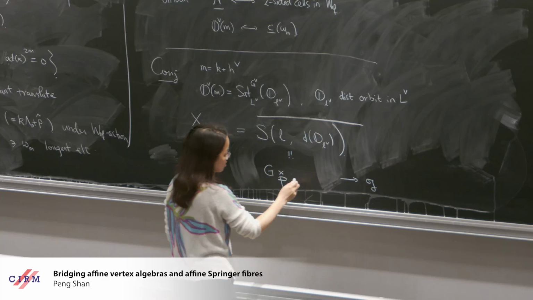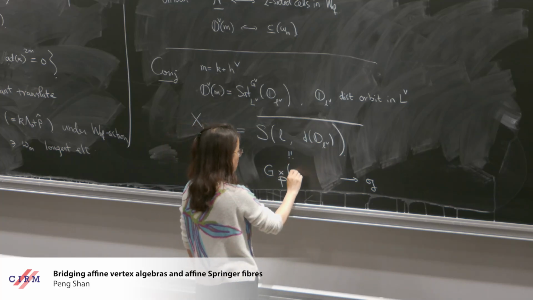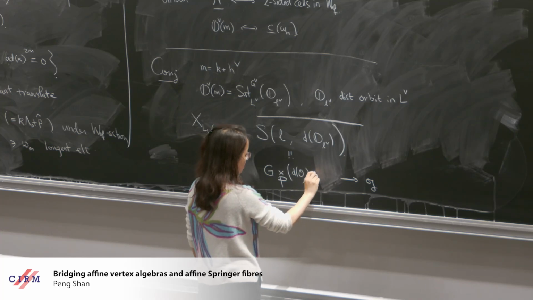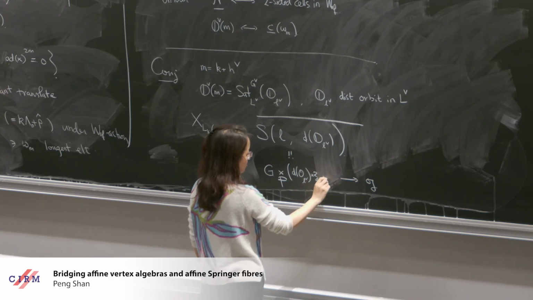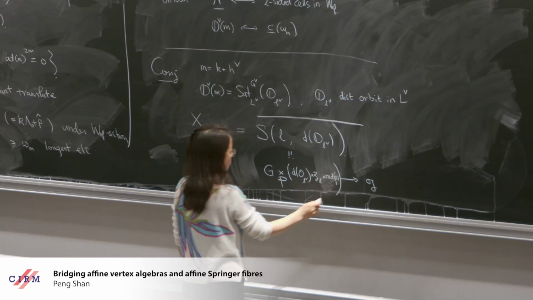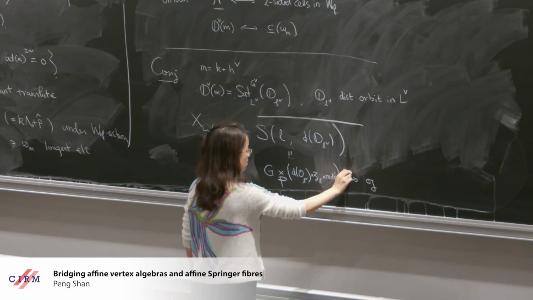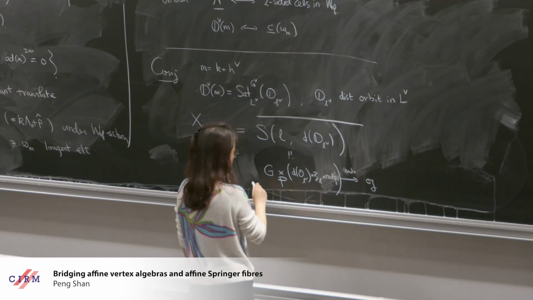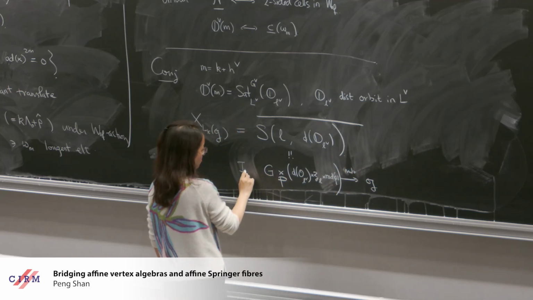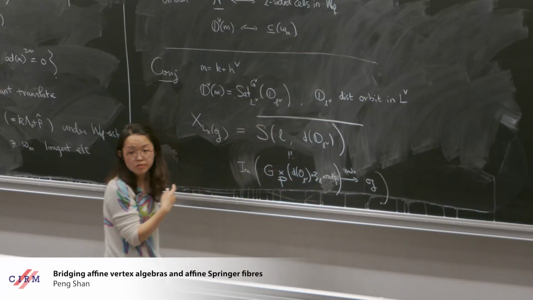In the Lie algebra of P, you put the dual of O_L check, you put the center of l, and then you put the radical of P. This is the action map, multiplication. And then just take the image of this. This is the definition of S. Okay.